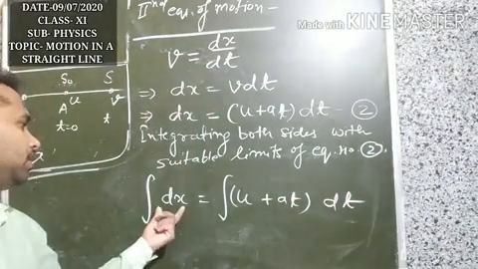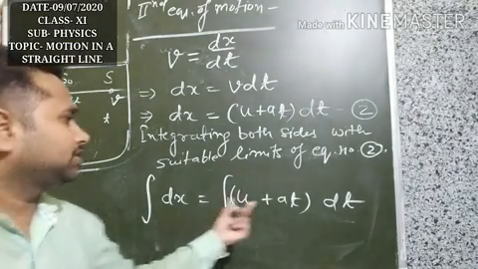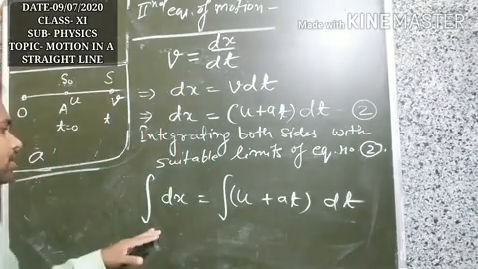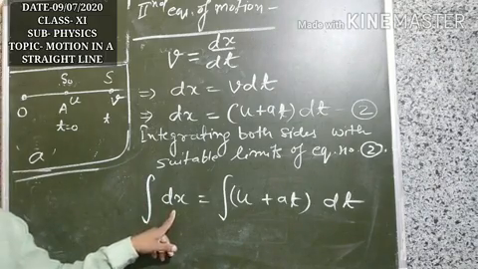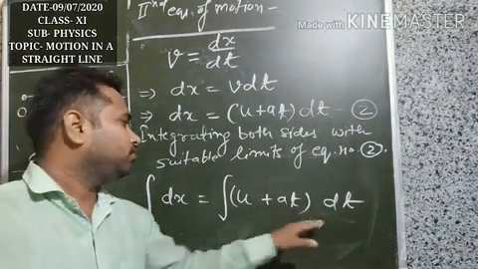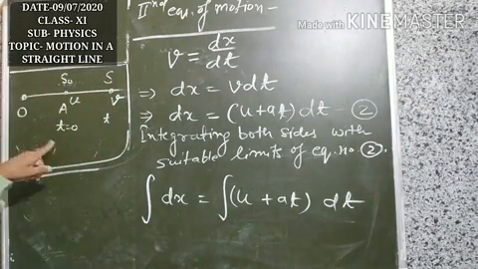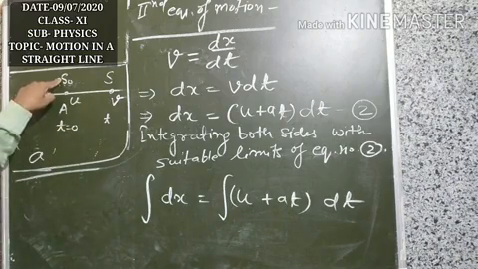See here, this is about the displacement, x is displacement or distance, and this is about the side of time. So we will use lower and upper limits for displacement here, and for time we should use the limits here. So see here, when time is 0, displacement is s0.